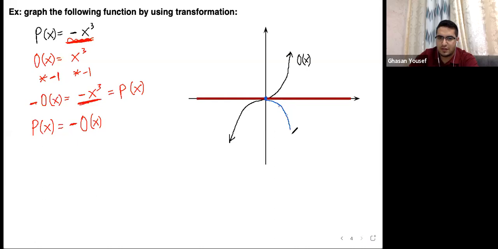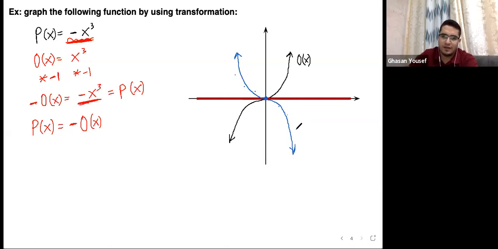So the graph should be like this. And this side, the same thing. This point should be here. This point should be here. This point, same. So the whole graph should be like this. This is the function b of x.